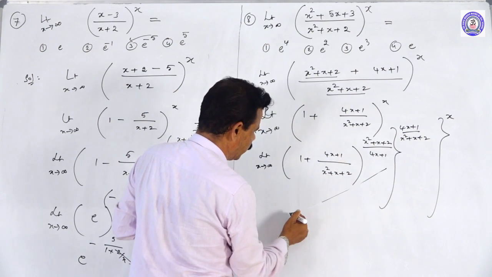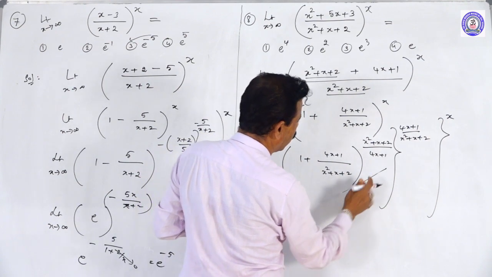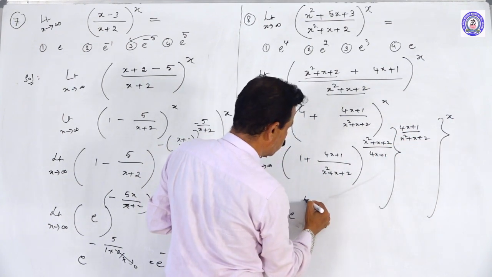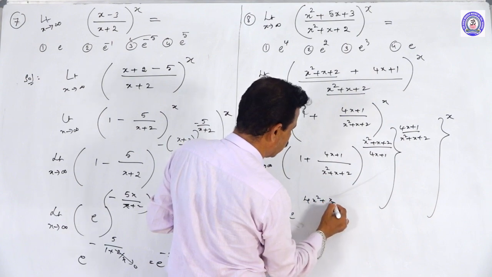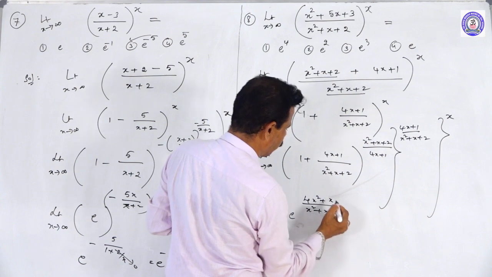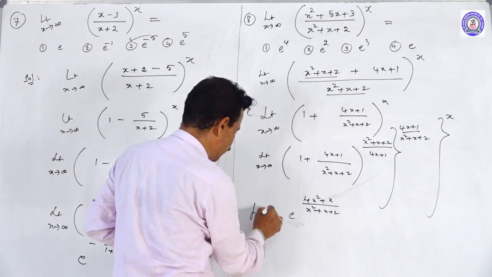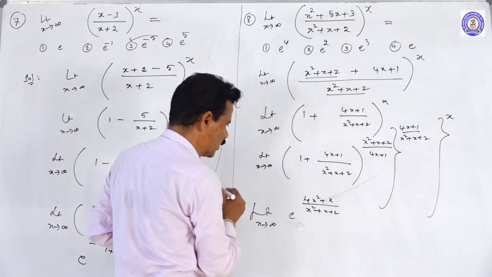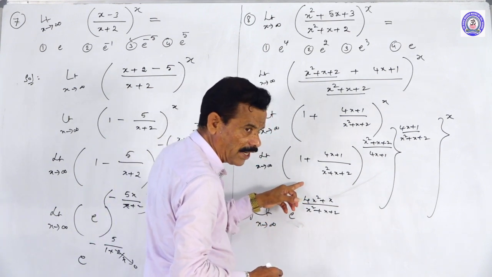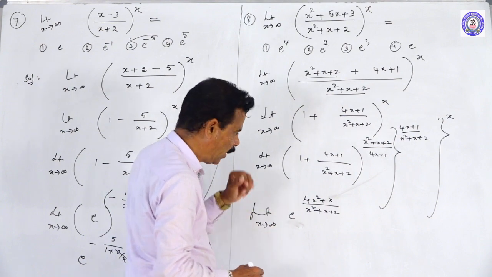So e to the power this into this, that is (4x square plus x)/(x square plus x plus 2) coming. Whereas limit x tends to infinity case, here both numerator and denominator we divide by x square.